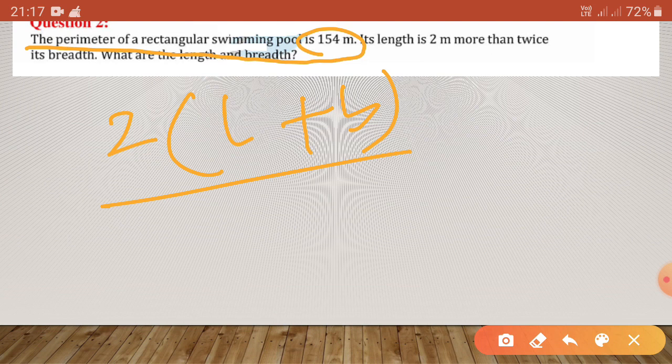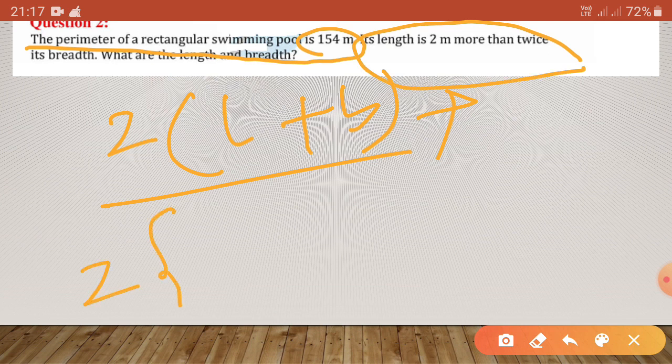So if we put this formula in this question, then it will be 2 into, what is the length? Already we have done it. Length is 2x plus 2. And then we have to put the value of breadth.